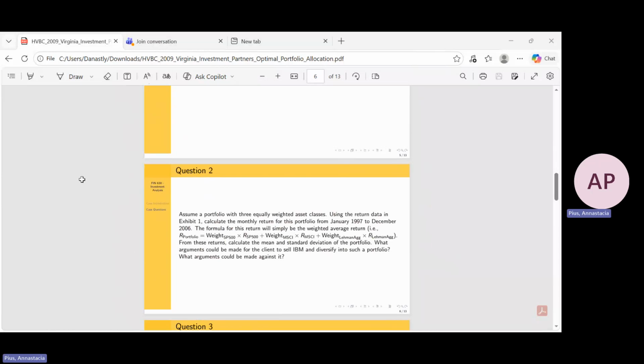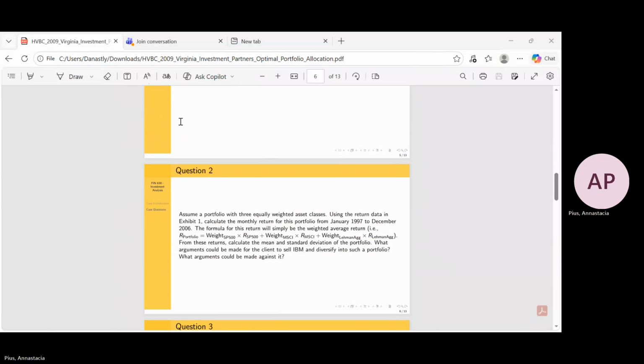So if we are assuming equal weights, we had 3 stocks, and so equal weights would be 1 divided by 3, so the weights will be a third for each. And from this, if we use the formulas provided, we get first the average of the 3, and then to get the portfolio standard deviation, we do the same.